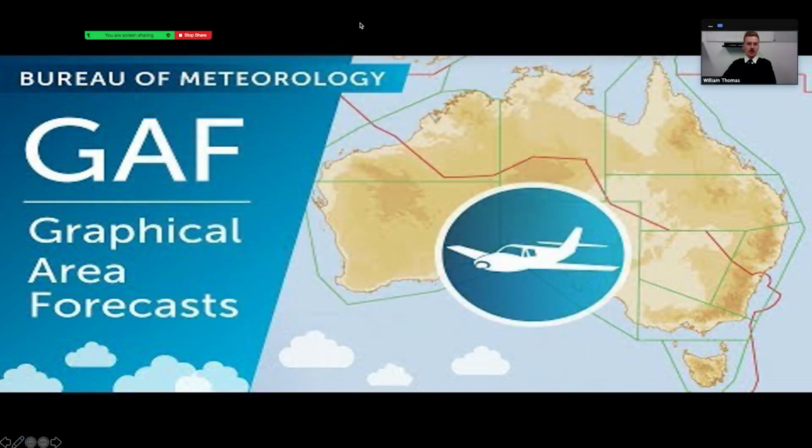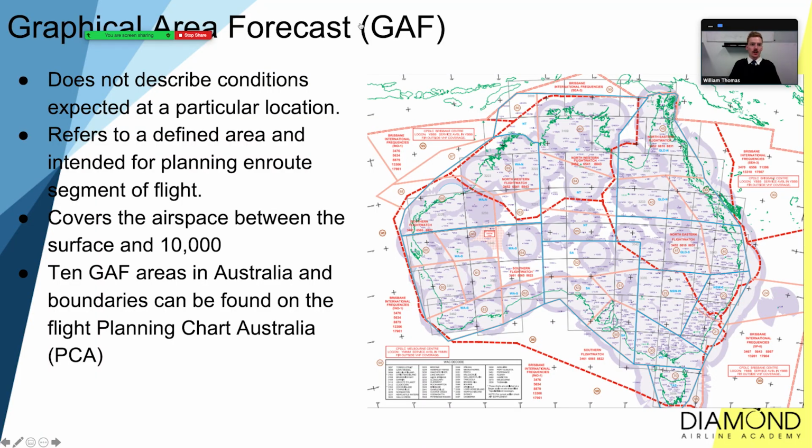So let's take a look at area forecasts, in particular our graphical area forecasts. A graphical area forecast doesn't give us a forecast of any specific location like a terminal area forecast does.